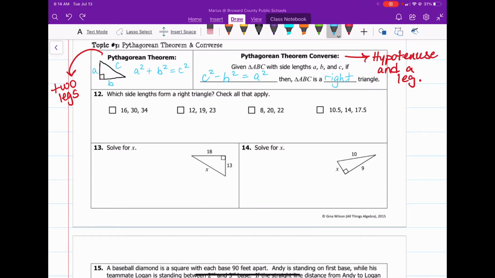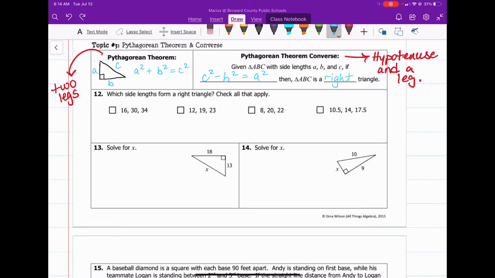You use that if they give you two legs, because you use the Pythagorean theorem to find the hypotenuse. However, sometimes we have to use what we call the Pythagorean theorem converse, when they give you the hypotenuse and one of the legs and you have to find the other leg. So the converse is c squared minus b squared equals a squared.